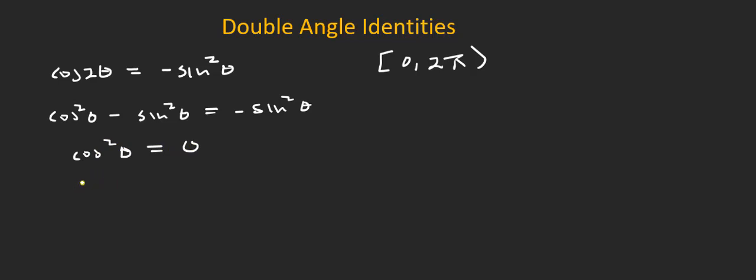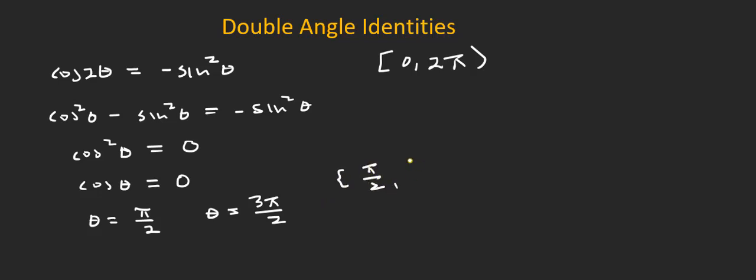And when you take the square root, you end up getting cosine theta is 0. Now cosine of what is 0? Well, that's when theta is pi over 2, when theta is 3 pi over 2. And those angles are within the restriction. So you have 2 solutions, pi over 2 and 3 pi over 2.